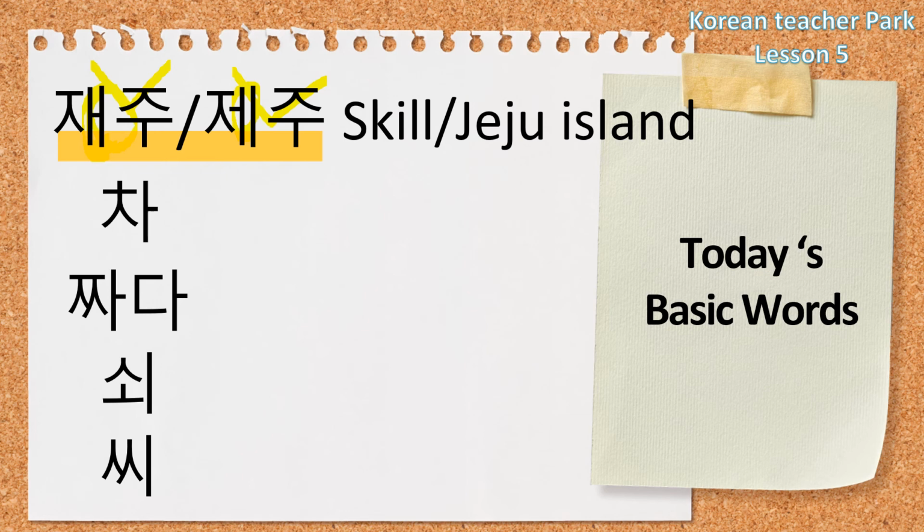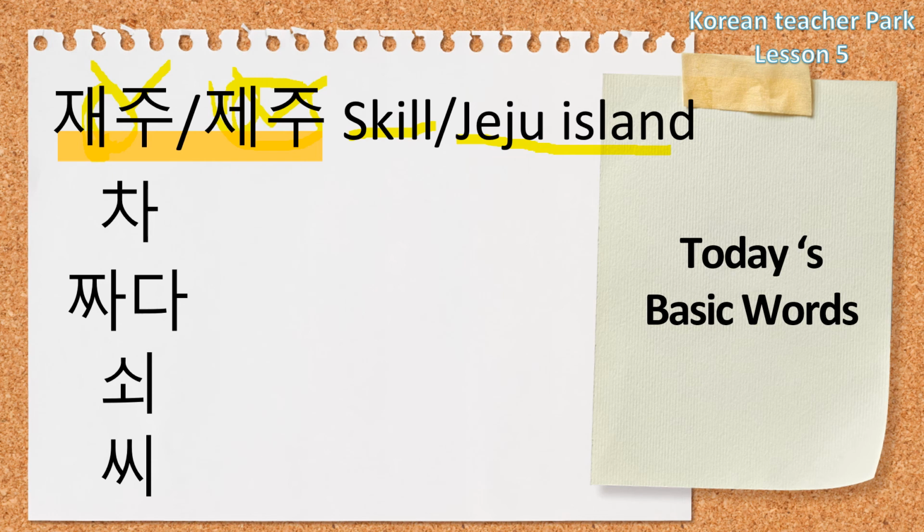Same sound, but written differently, so the meanings are also different. First, 제주 means road. Second, 제주 means Jeju Island. Did you hear about Jeju Island? It's a very beautiful island in Korea.